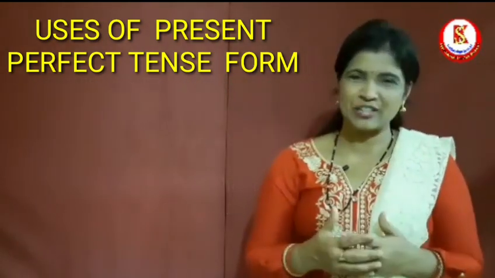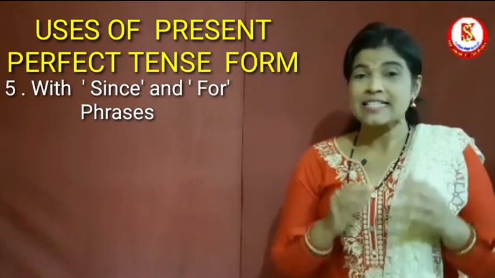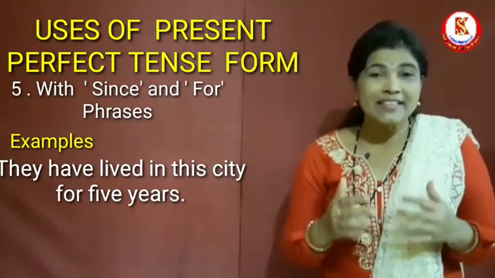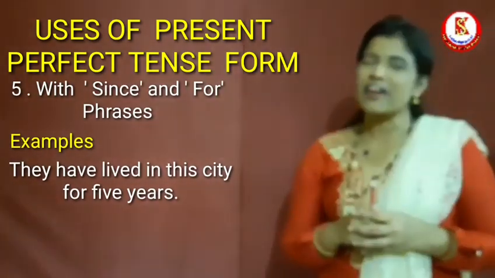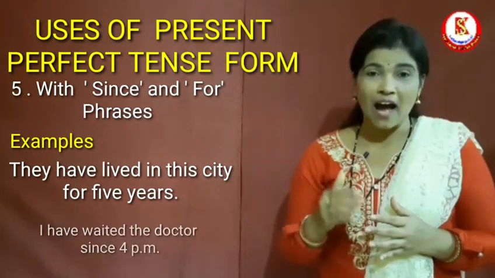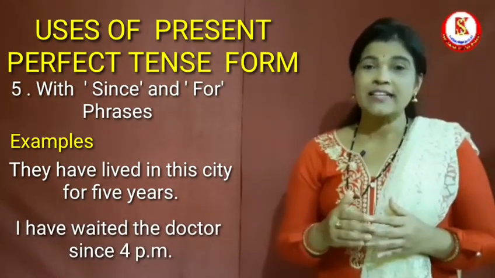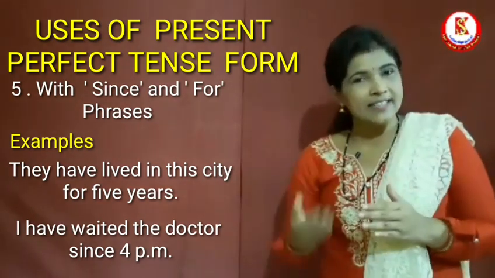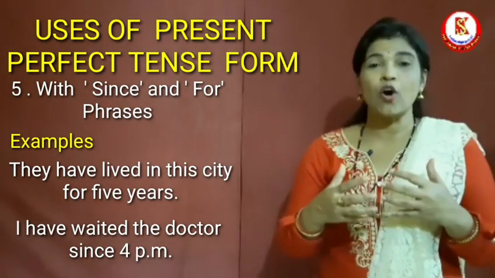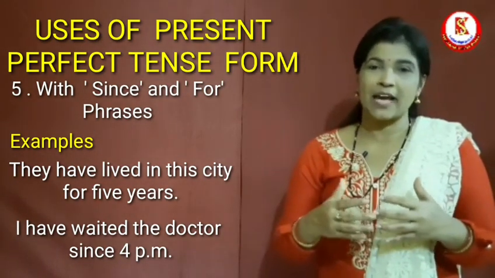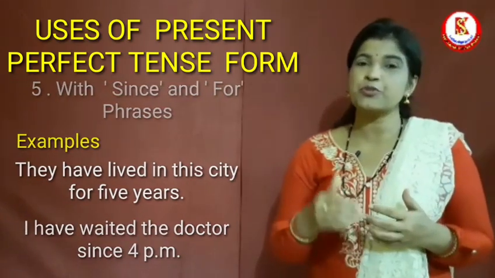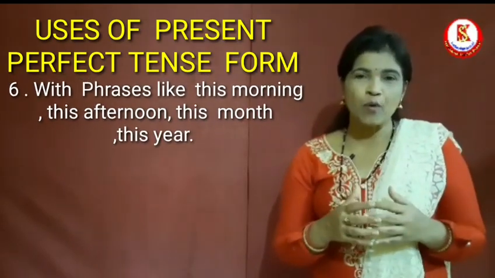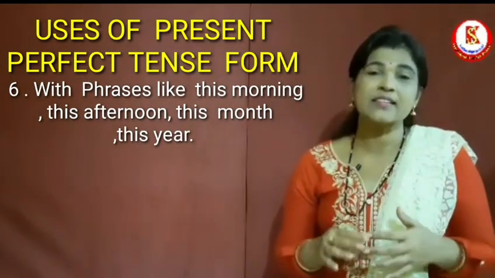Then comes the next use. This is used with since and for phrases. For example, they have lived in this city for 5 years. Or another example, I have waited for the doctor since 4 p.m. Here in both the sentences, the work is continuing and will also continue for some period of time in future. So here we have to use present perfect. And the next use is with other phrases like this morning, this afternoon, this month, this year.